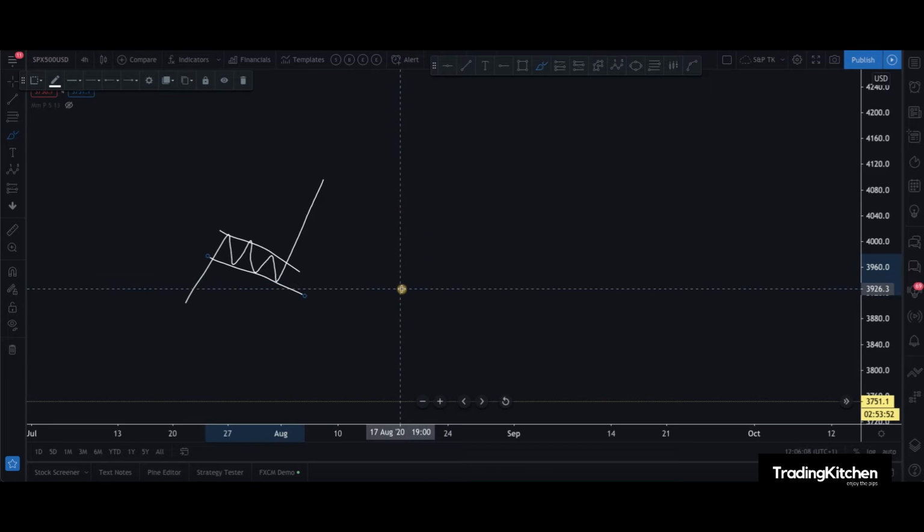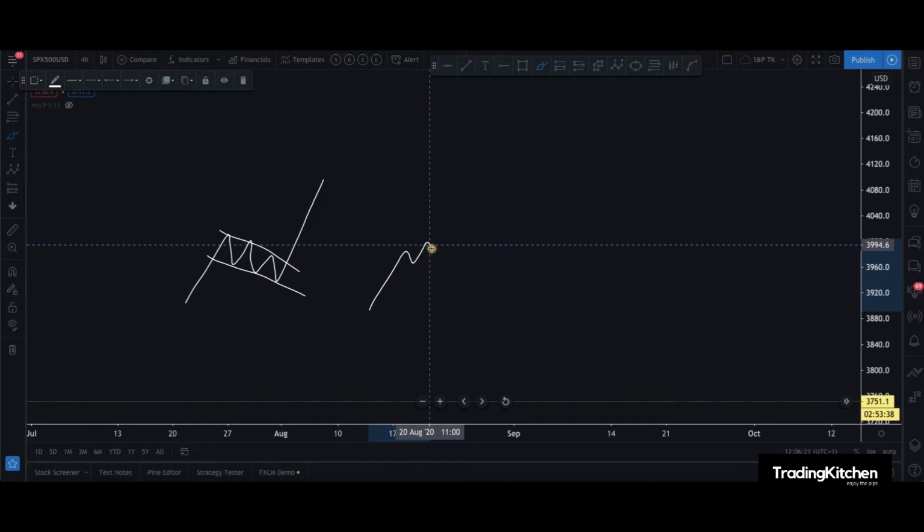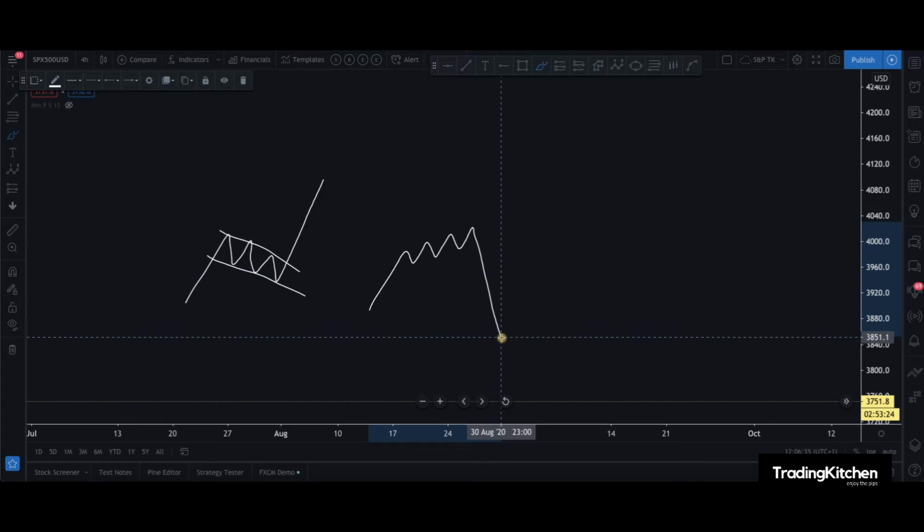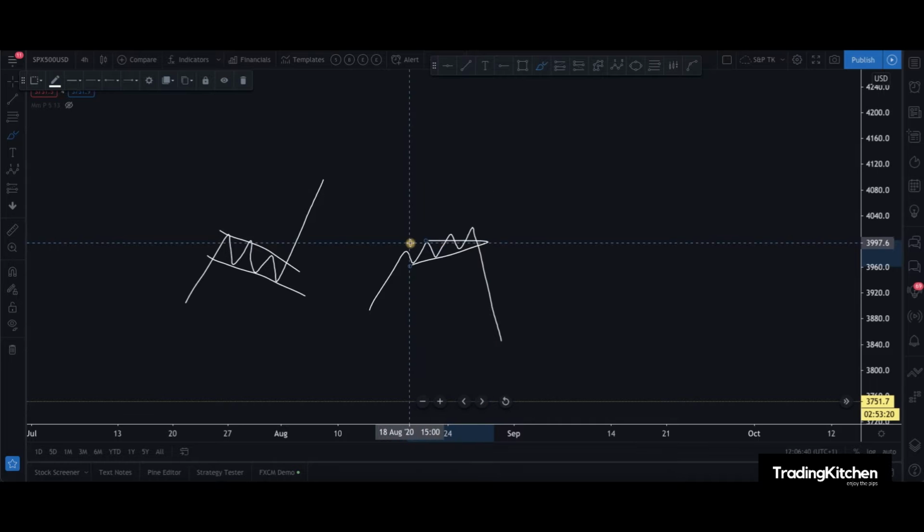Another option: after an impulse, price can make a consolidation. So another channel, which represented the final strength before changing the trend. And this is a channel.